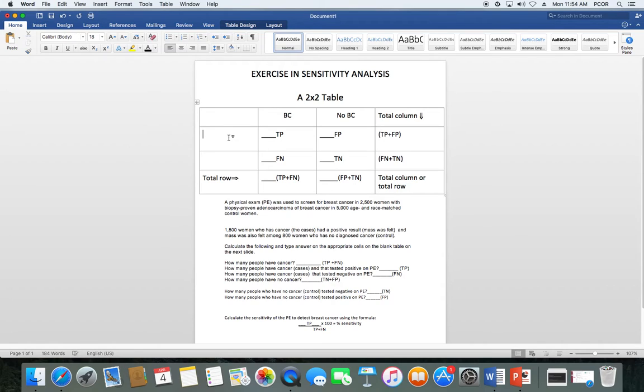The instrument that we're using to detect the mass that is indicative of breast cancer is called physical exam or PE. Those that tested positive for the PE will be in this row, and those that did not have any mass detected during physical exam will be a physical exam negative.